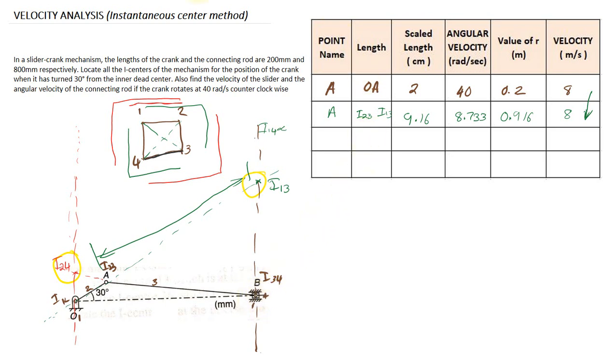Okay, so for that, just transfer the value to here. That means here 8.733. Okay, so here the length will be I13 and I34. This much of distance I have to take.